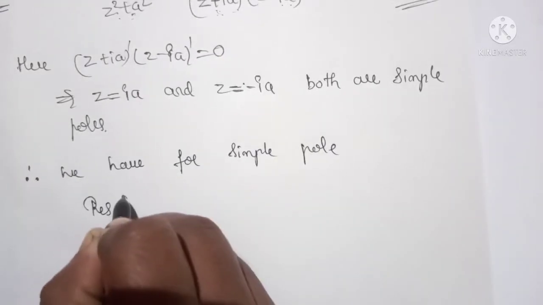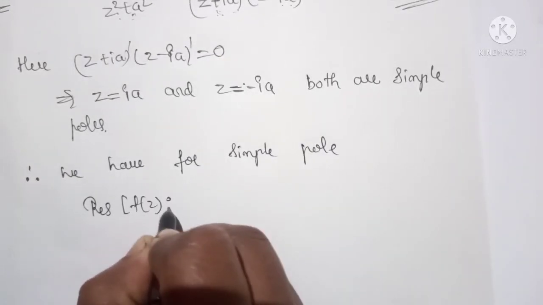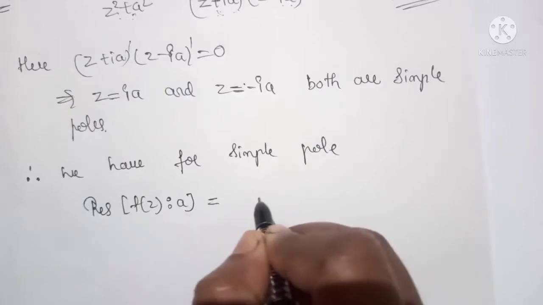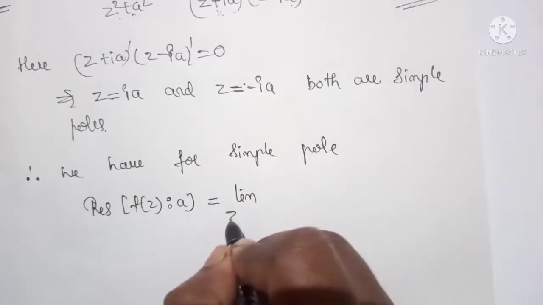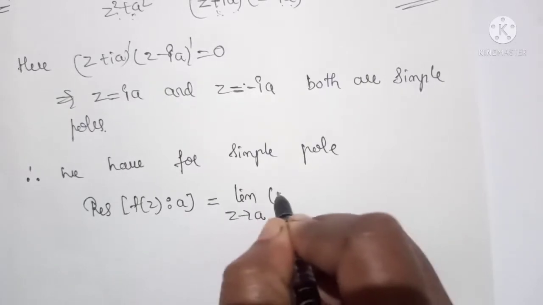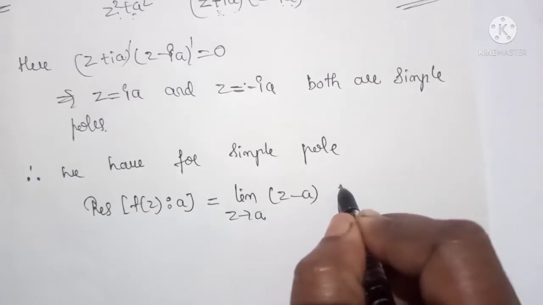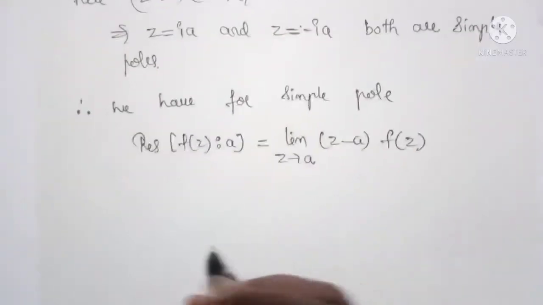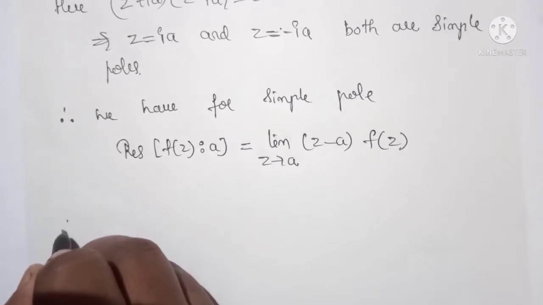residue of f of z at a is equals to limit z tends to a of z minus a into f of z.